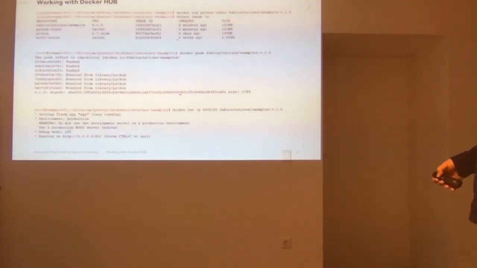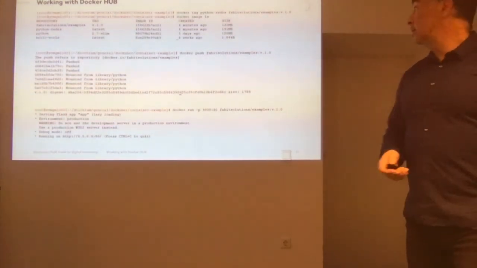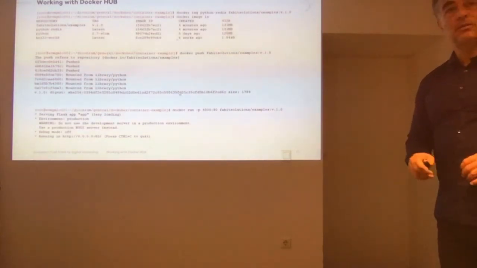When that is done, you do docker push FAB-IT Solutions examples v1.0, exactly like Git, so it's pushed to the hub, and it's there. It's a bit messy, but soon we're going to go to the graphical user interface so you can see it better. But the hub is your own hub? No, the hub is actually a service that's given by Docker Hub.